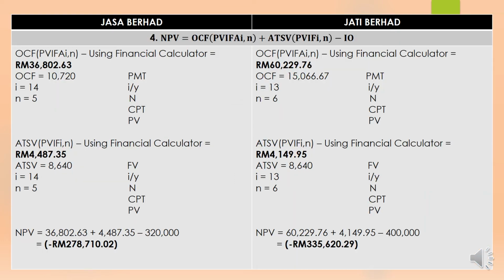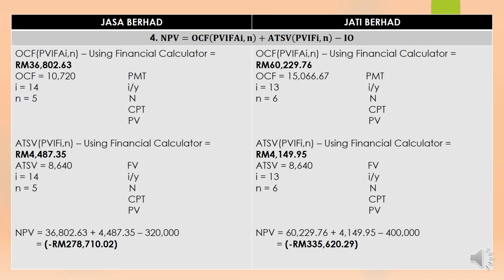Continuing from that, in step number 4 you will calculate the net present value, which is NPV, for both Jasa and Jati Berhad. At first, we will calculate the NPV for Jasa Berhad.